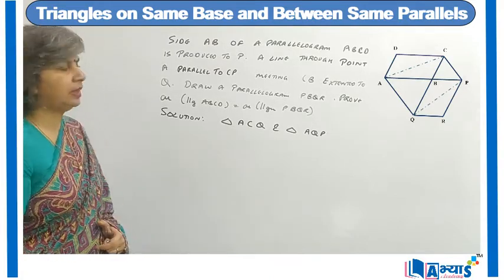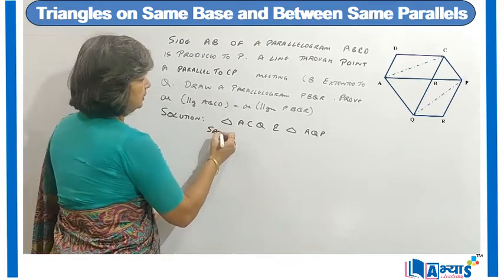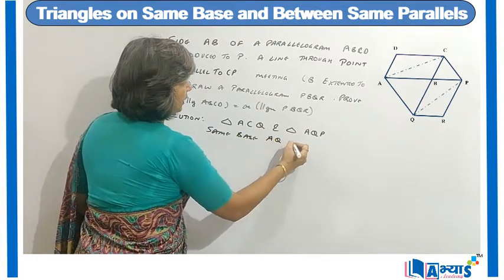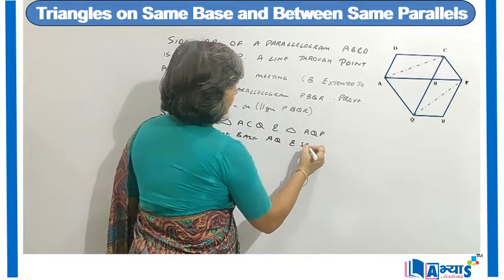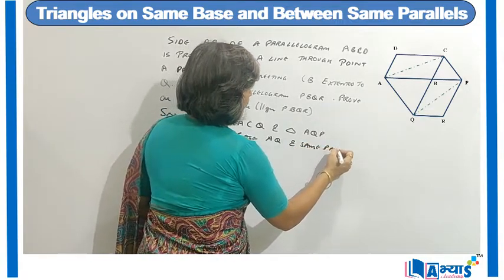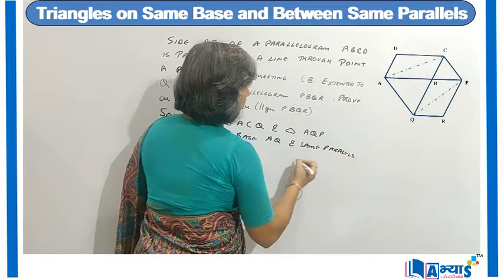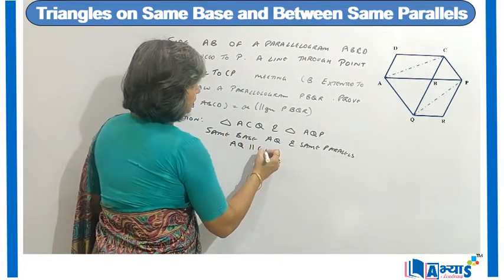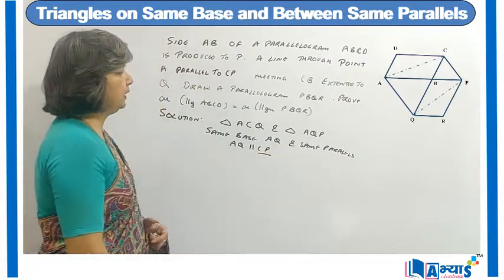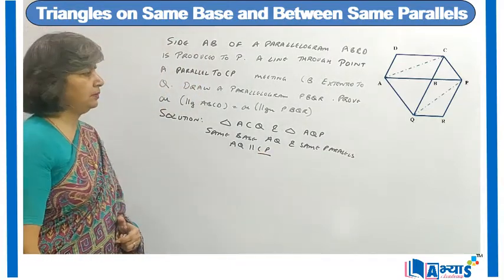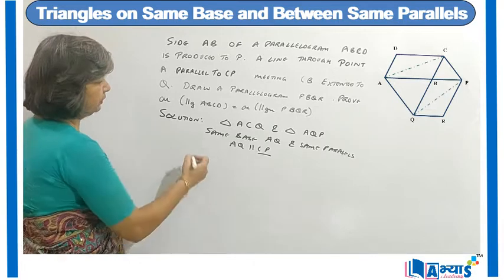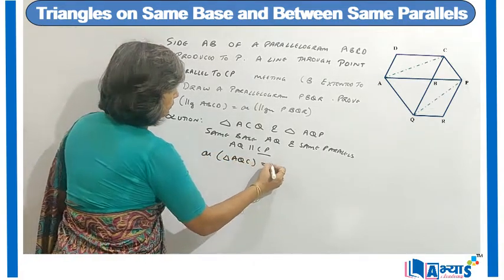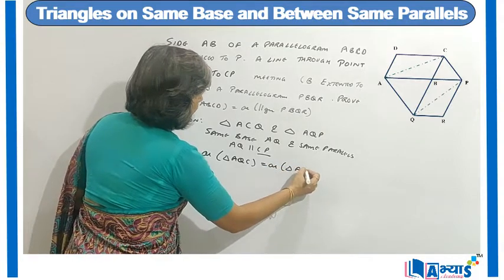These two triangles are on the same base, that is AQ, and between the same parallels, because we know that AQ is parallel to CP by construction. Now when AQ is parallel to CP and they are on the same base AQ, therefore area of triangle AQC is equal to area of triangle AQP.